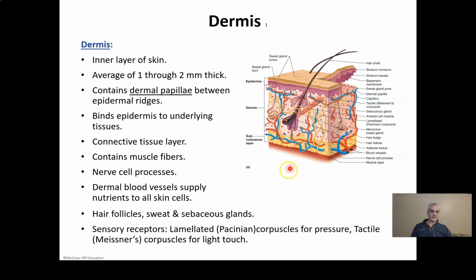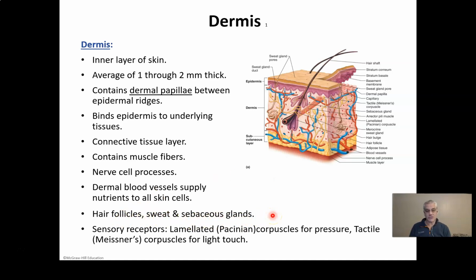Now, you also find these other structures, and we're going to get to these accessory skin structures: hair follicles, sweat, and sebaceous glands. So these are found in the dermis. However, they are extensions of the epidermis. All of these structures, hair follicles, sweat, and sebaceous glands.